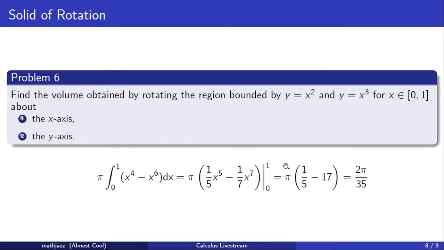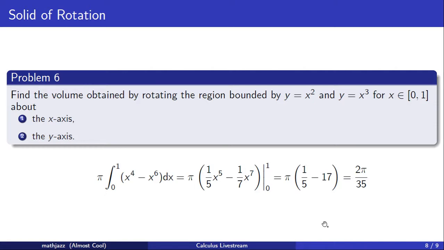And when we subtract to simplify, we have 7/35 minus 5/35, leaving 2/35, and multiplied by pi, we get 2 pi over 35. That is the volume obtained rotating the region about the x-axis.